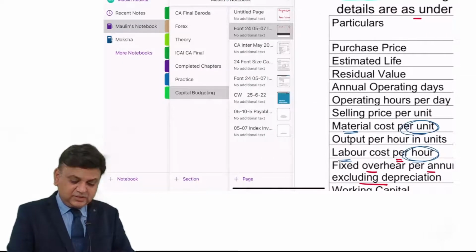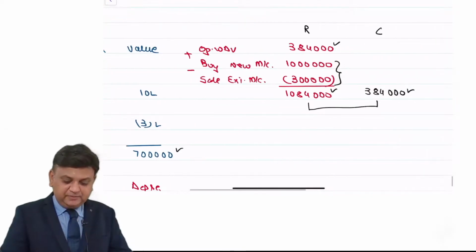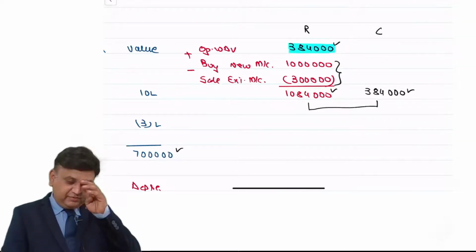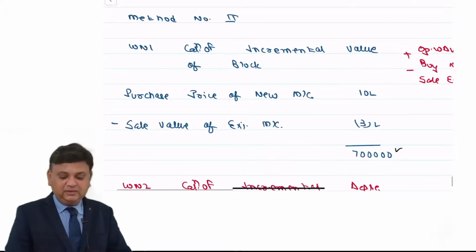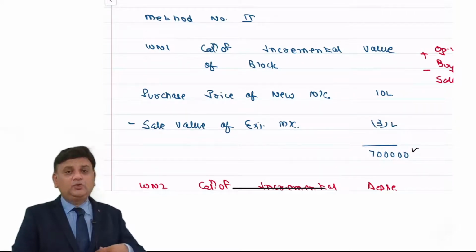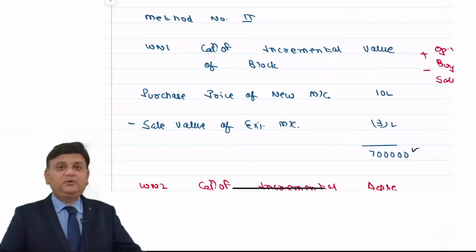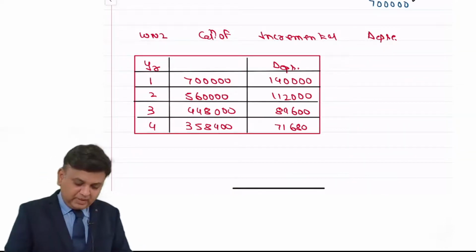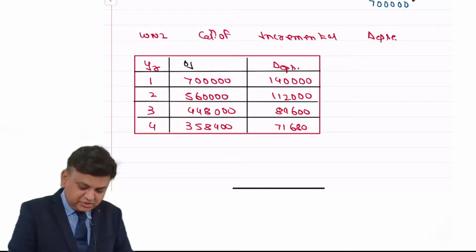Then going with the first method is not possible because you don't have this value. However, this method is still possible. Why? Because method number 2, the shortcut method, doesn't require the WDV of existing machinery. So this is the incremental depreciation.